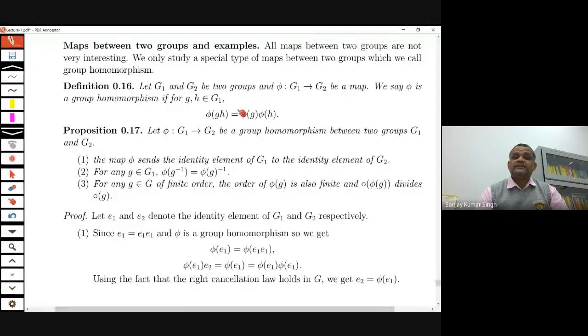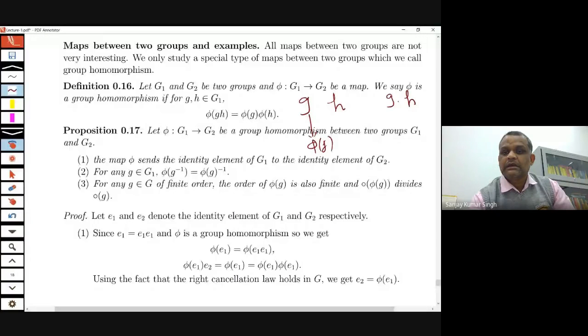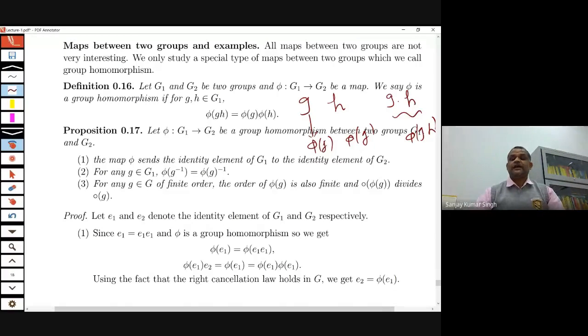Suppose this map has this property: you take two elements g and h in G1 and multiply them, then take the image phi(gh). On the other side, you send g and h to phi(g) and phi(h), and I can multiply them here because they are elements in G2.